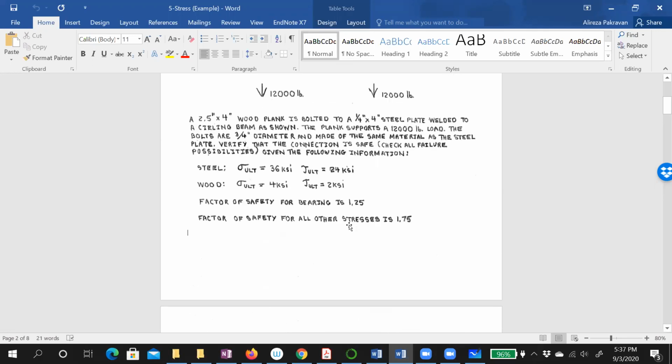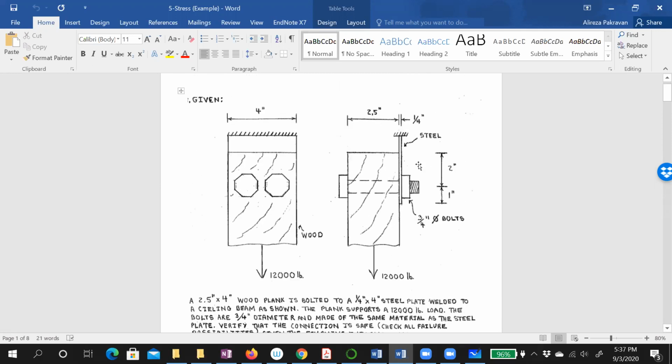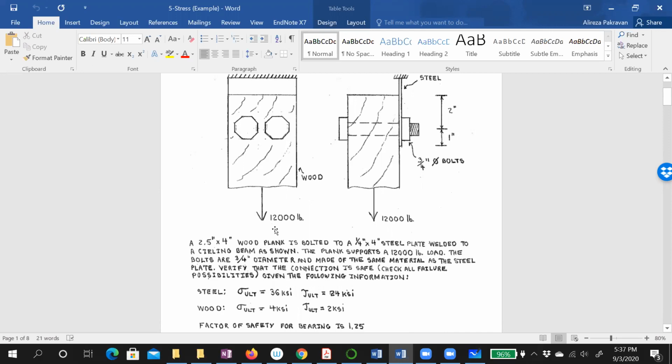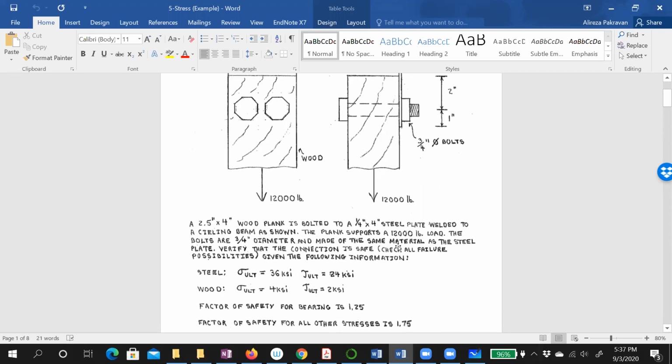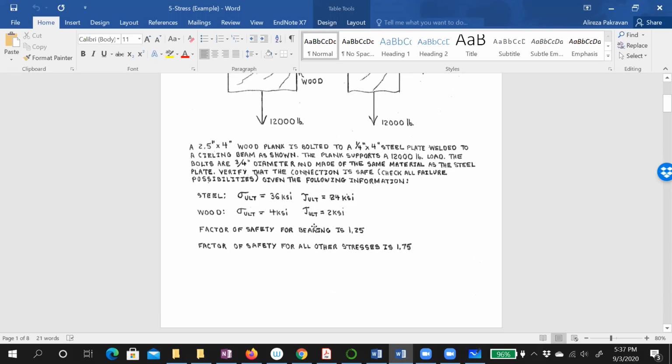So let's see, we are officially recording. We have these connections and this information, and now we want to find the stresses at each element, right? These are the connections, sigma ultimate for the stress, shear stress, normal stress, and these are the factors of safety.